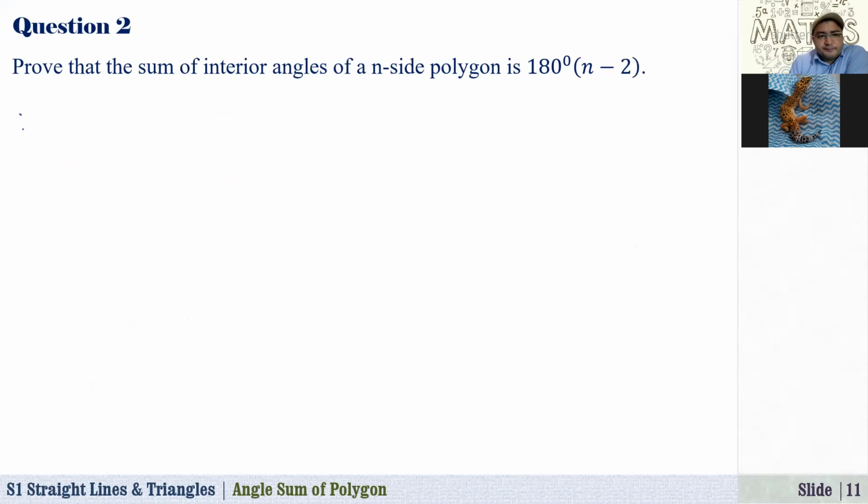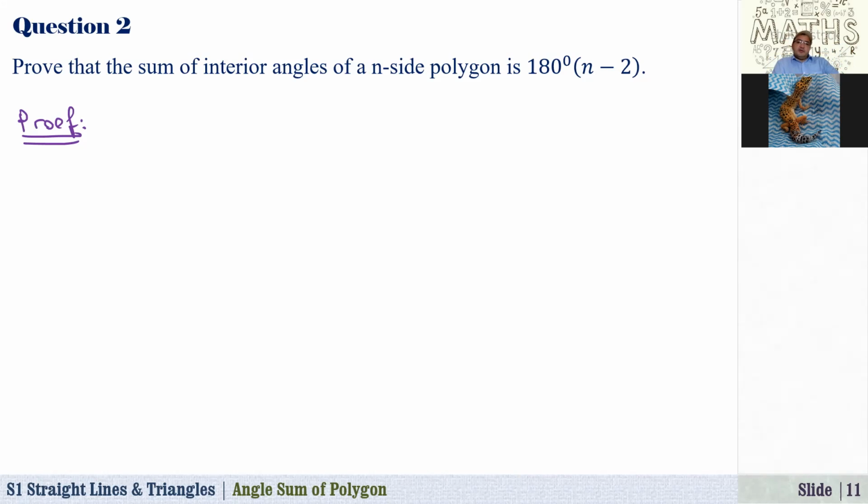Question 2. Prove that the sum of interior angles of an n-sided polygon is 180 times (n minus 2). How do you prove that?